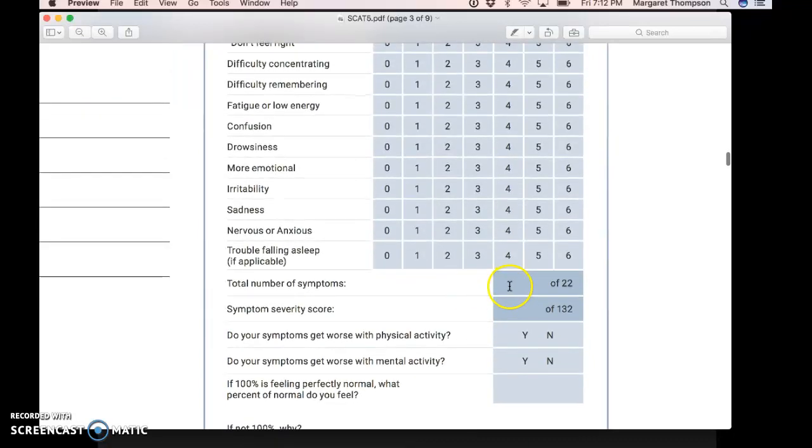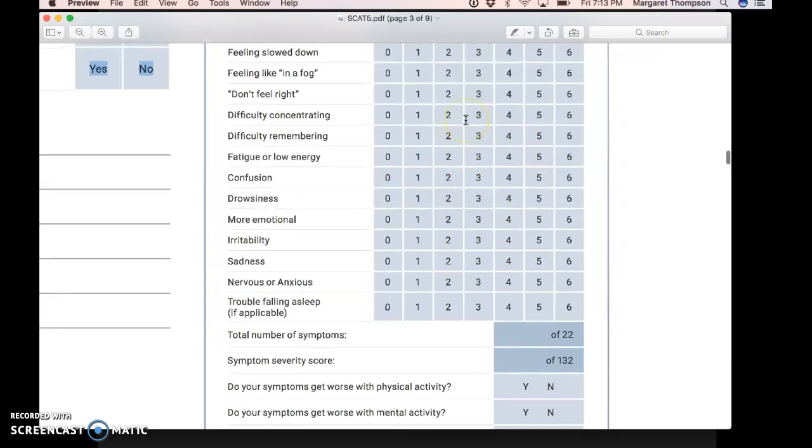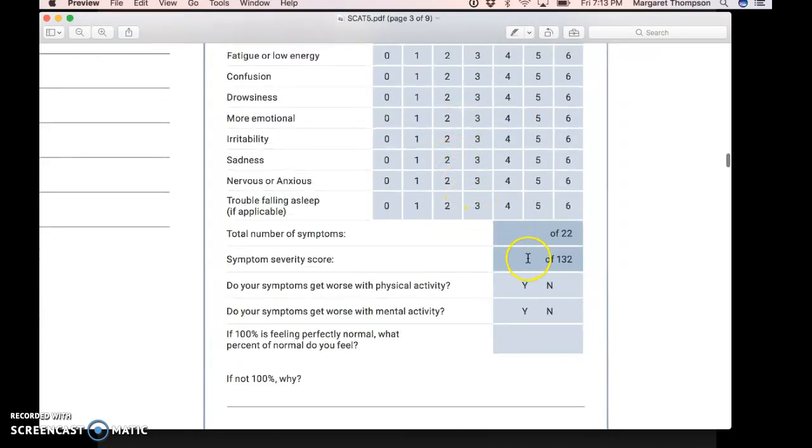And the way that you're going to score it, they're going to hand it back to you when they're finished. So you're going to add up the total number of symptoms, and that gives you an idea of the variety of their symptoms. And then you get a symptom severity score by adding up all the 0s, the 1s, the 2s, the 3s, all the scores, and get a score out of 132.